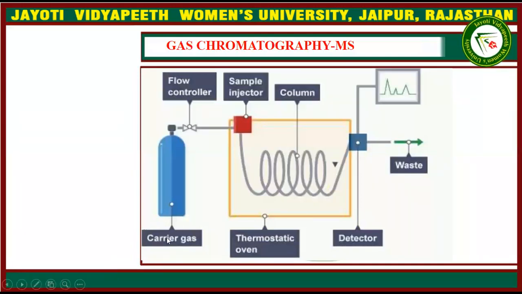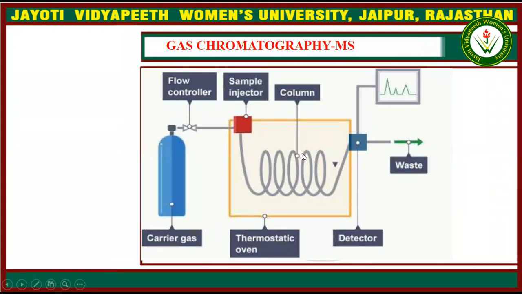In this, the carrier gas will flow the particles, and this is the sample injector. First the sample is injected, and after injecting the sample, this carrier gas will take the sample to the column. This is the oven. The column is in the oven.